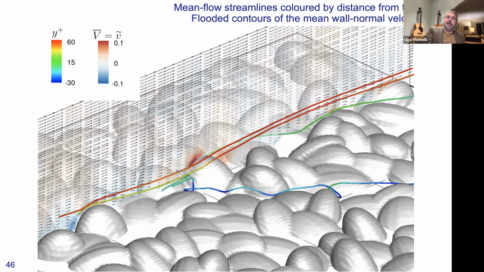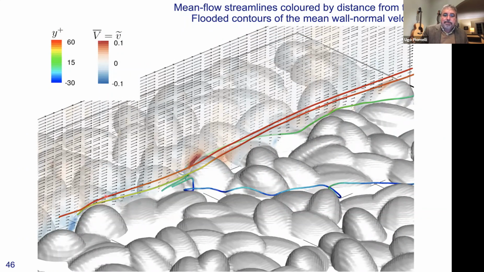This again is the wake component of V, which is equal to the time average component of V, because there is no plane average of V. And you see here how some streamlines remain kind of captured inside the roughness sublayer, but then you have the ones where the flow impinges on the roughness element that go up, become green here.